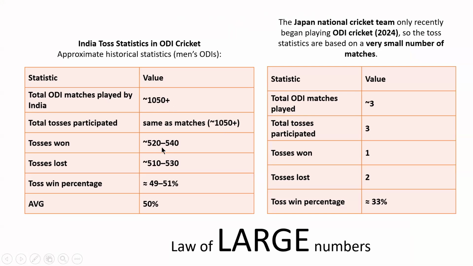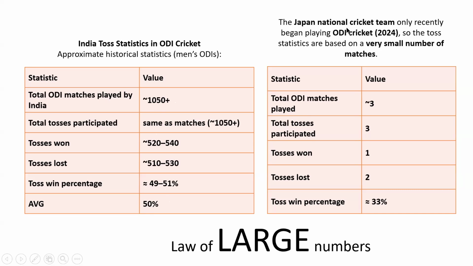Exact statistics is not available. And losing chances are 510 to 530. So if I count this as a fraction or probability value, the number of times India won the toss was 49 to 51%. Means on average, I can say 50%, right? India has played a lot of matches, maybe a sample of 1,000 was available, so the probability came out to be 50%.